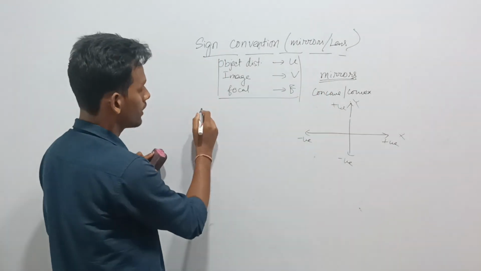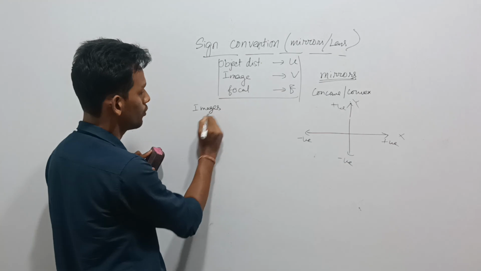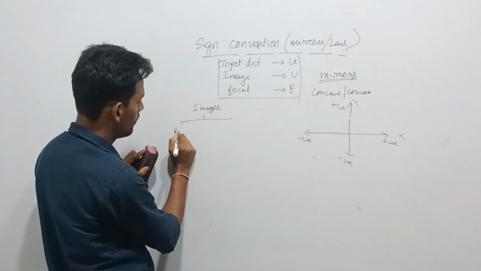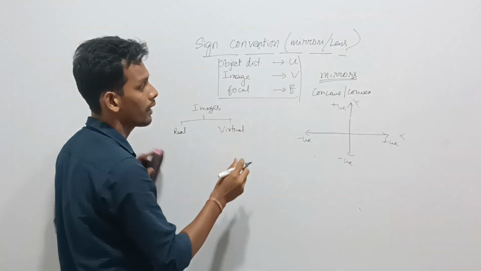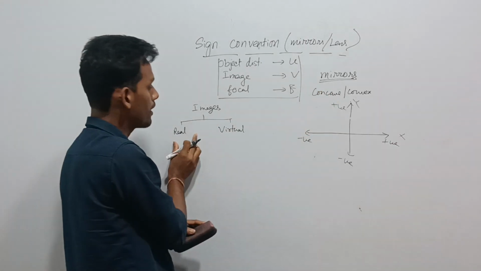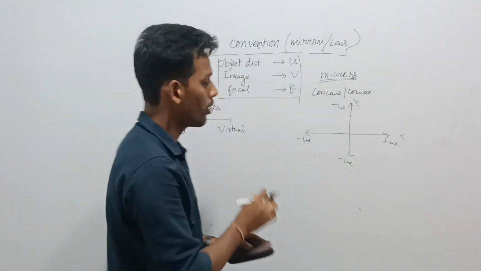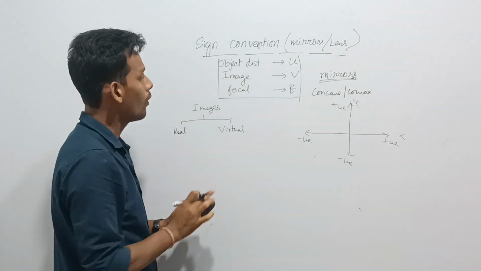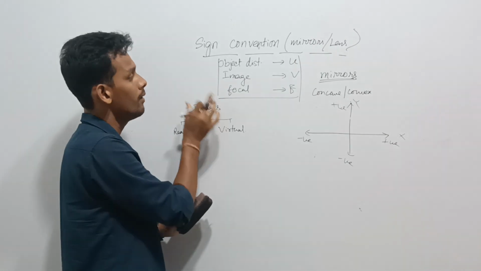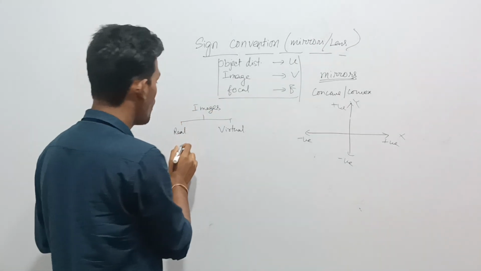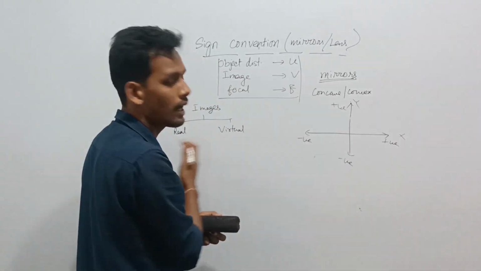Now, if the mirror forms images, images are of two types, real and virtual. Basically the concave mirror can form both real and virtual images, and the convex mirror can form only the virtual image. Now you should know the sign convention for the image. A real image is always formed towards the left side.